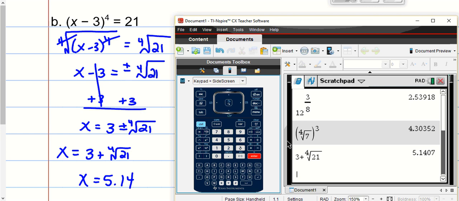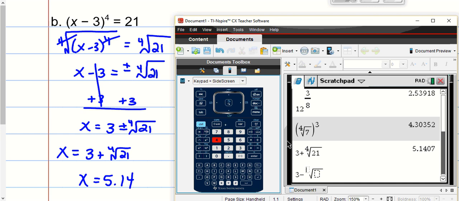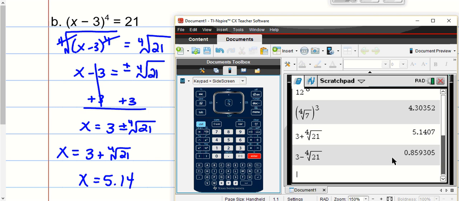So let's try that. 3 minus the fourth root. It didn't work. There we go. Fourth root of 21. Enter. And I get 0.859.